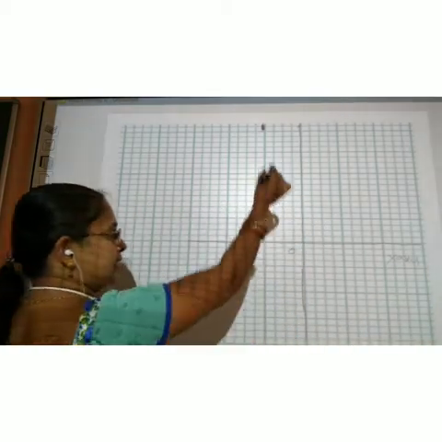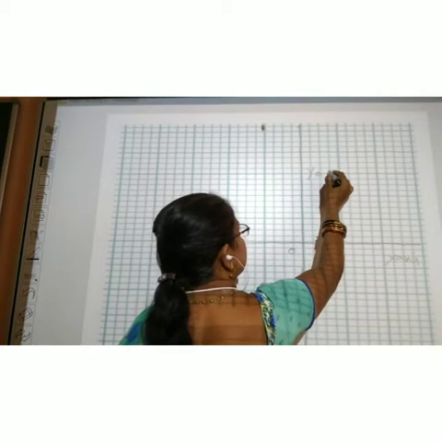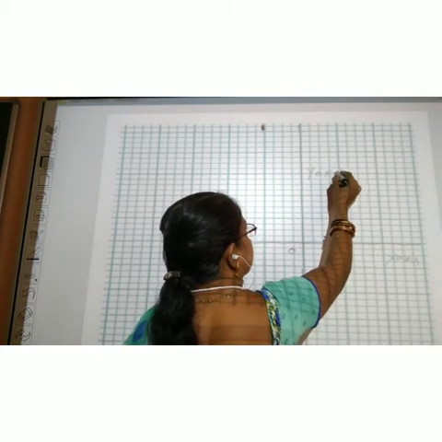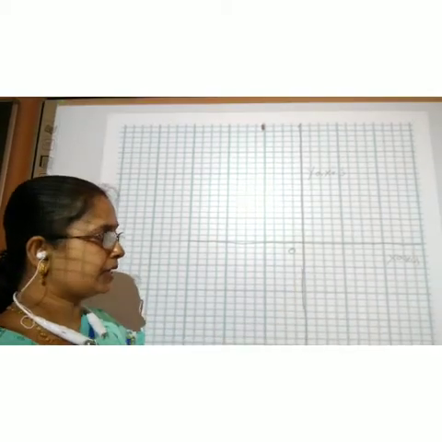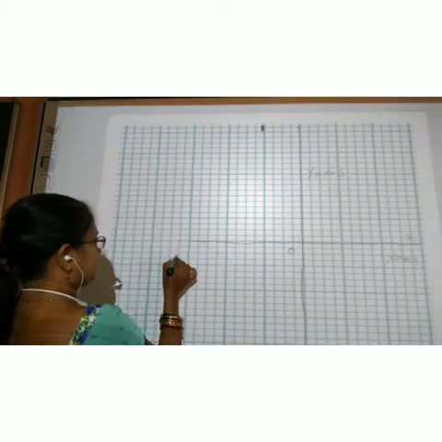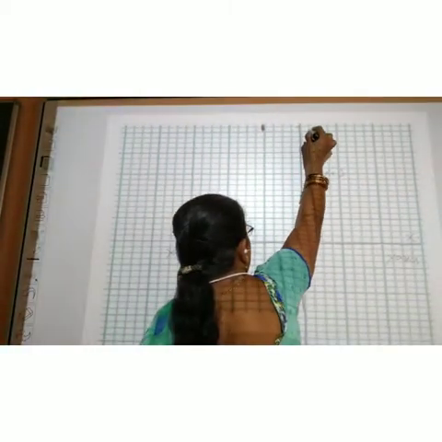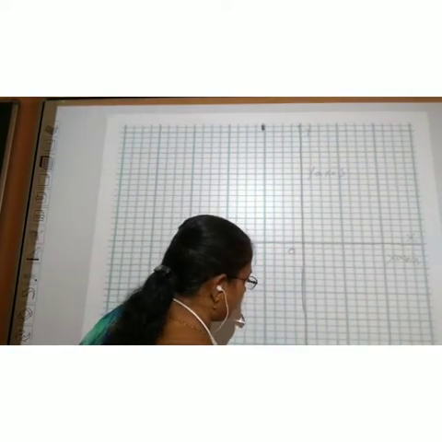And the vertical line is known as the y-axis. This horizontal line we can represent as X O X dash, and the vertical line as Y O Y dash.